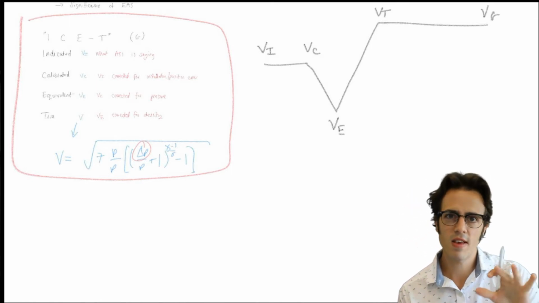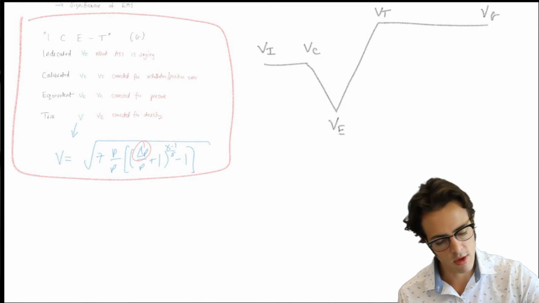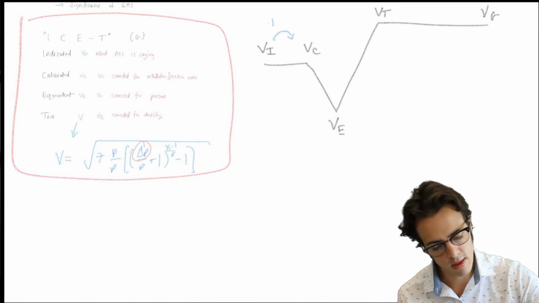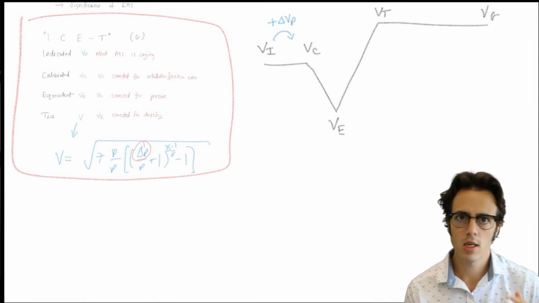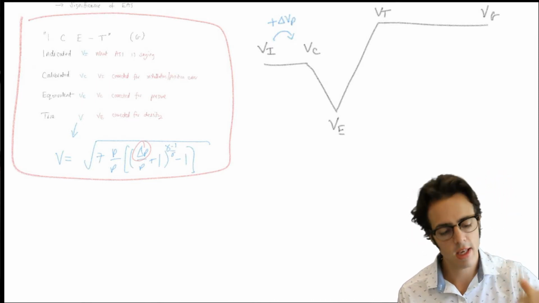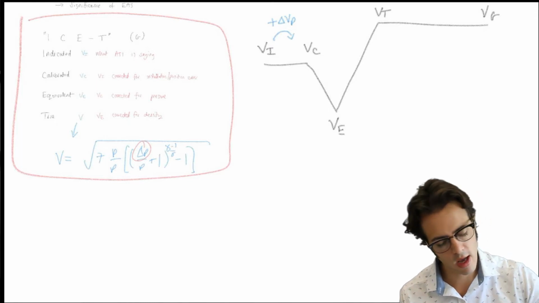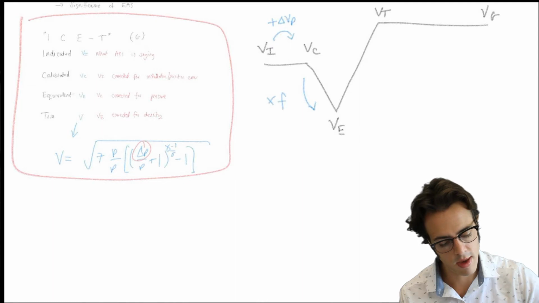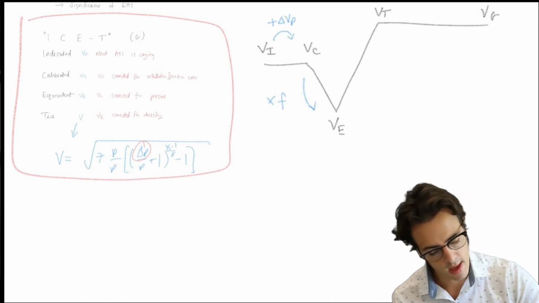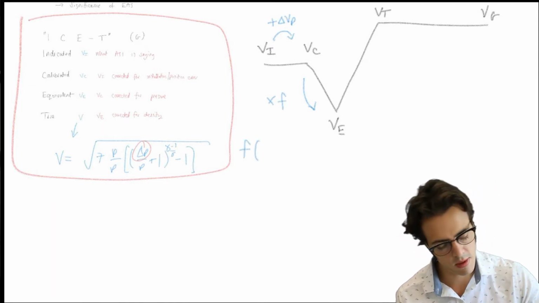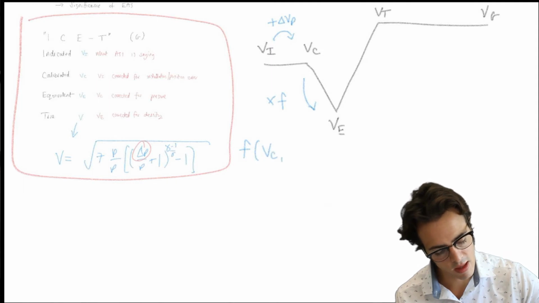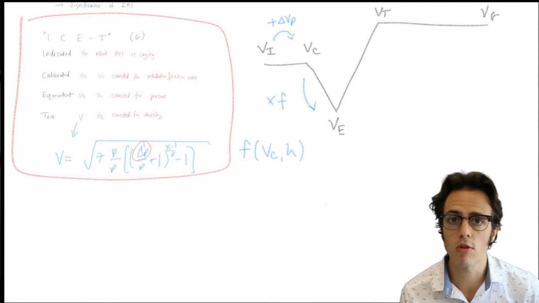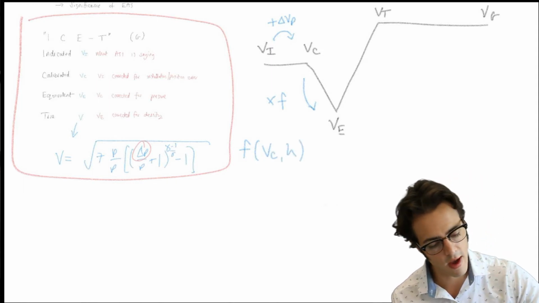So VI and VC are about the same sort of magnitude. So to get from this one to this one, we add on delta VP. Equivalent airspeed is going to be lower than calibrated airspeed as long as you're flying above sea level. So to go this way, we multiply by the pressure correction factor. And then F is the lookup table based upon the calibrated airspeed and the altitude at which the aircraft is flying.